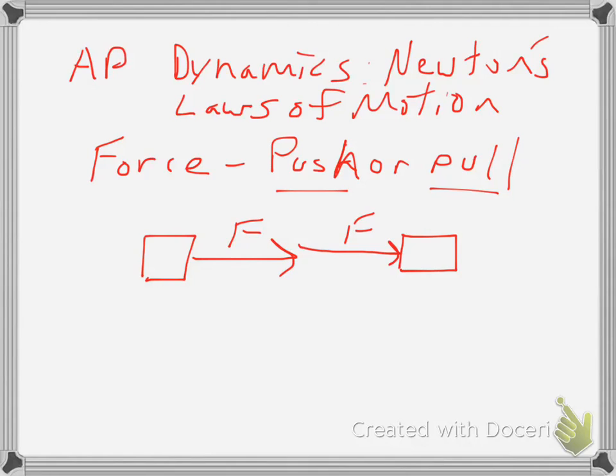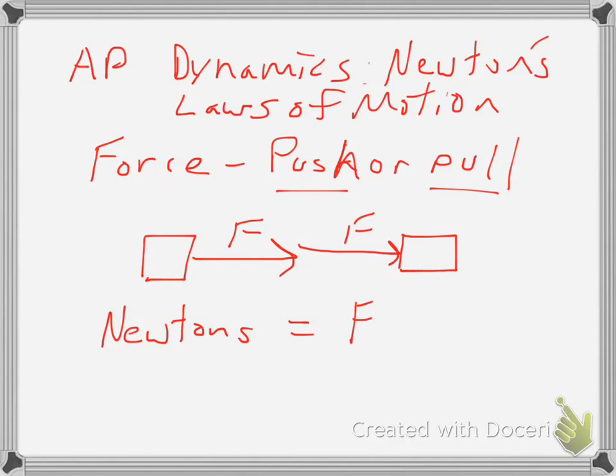So force is measured in newtons. So we're going to talk about this. This is a derived unit, which comes from the force needed to accelerate a 1 kilogram box at 1 meter per second squared.